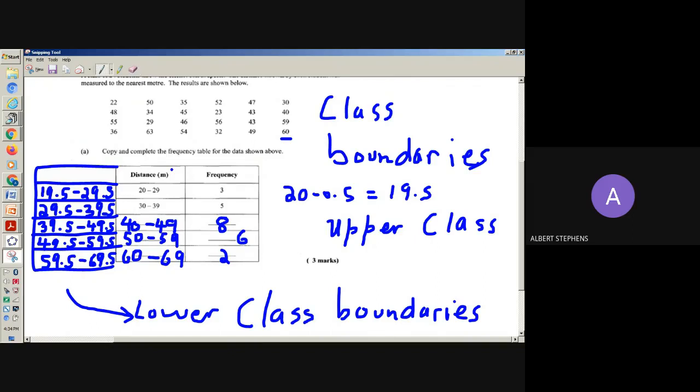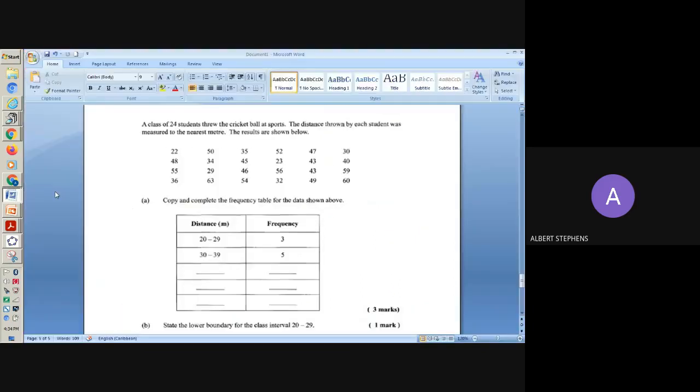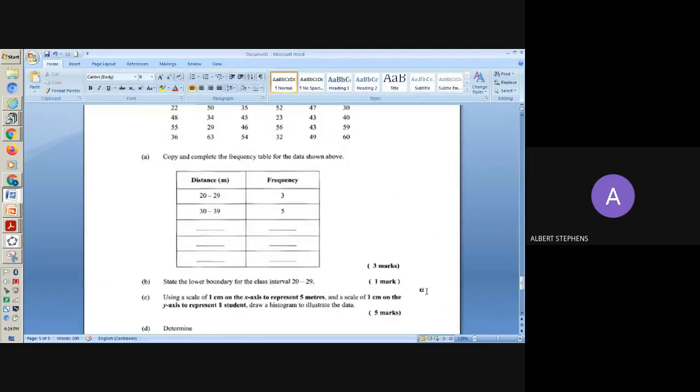Okay, now let us go to the question. All right, so this was the original question. You would have gotten your 3 marks by filling that table.